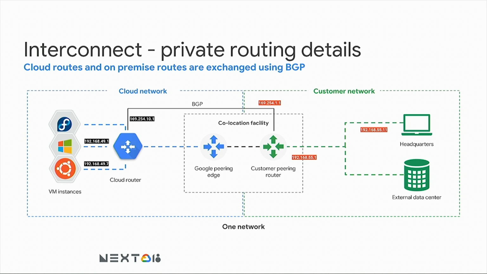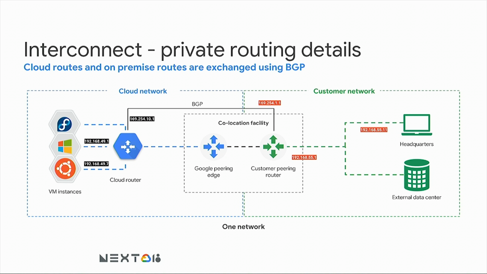We're exchanging BGP across that link, and we're extending your network into your cloud VPC. That means we take routes from your network and program those routes on the VMs, and we take those VMs and expose those routes to your data center as well.